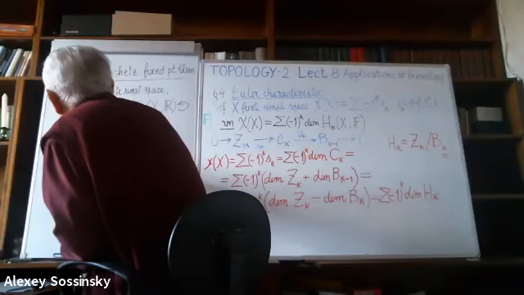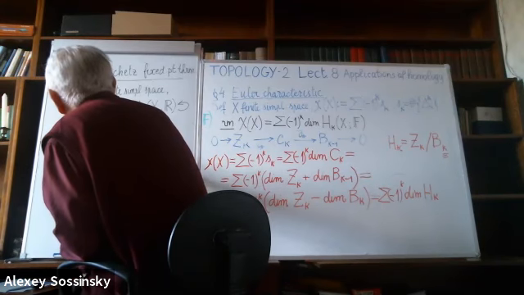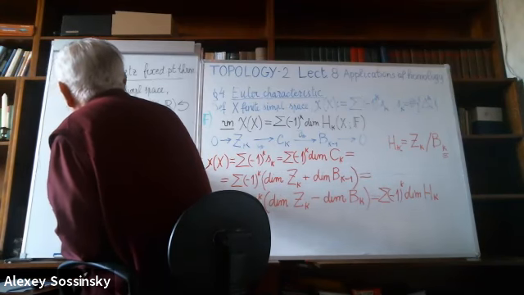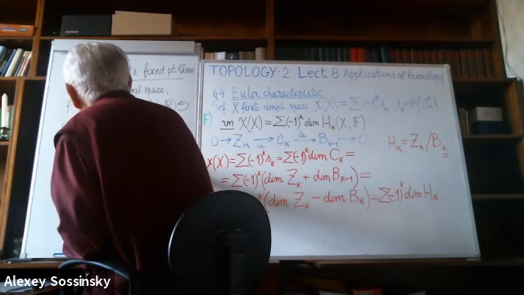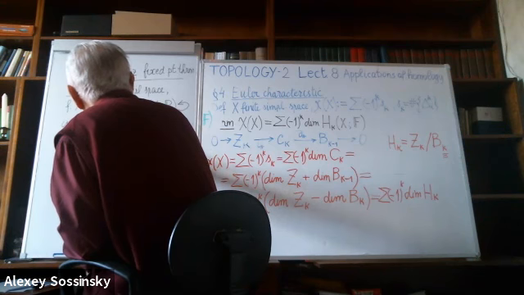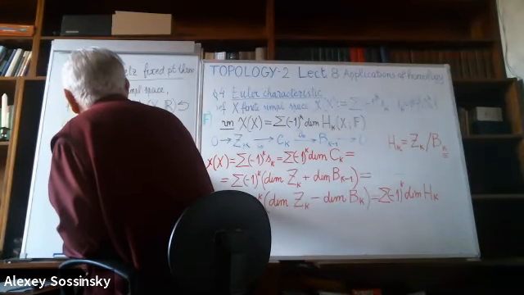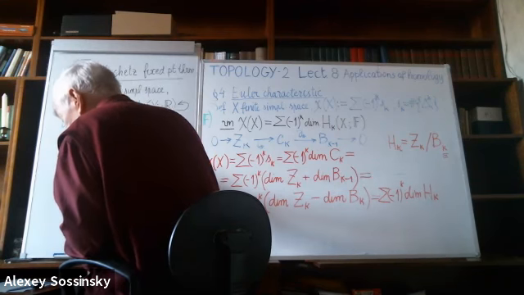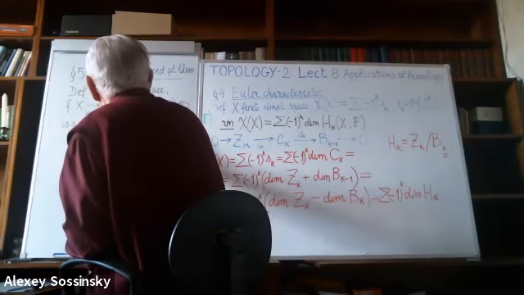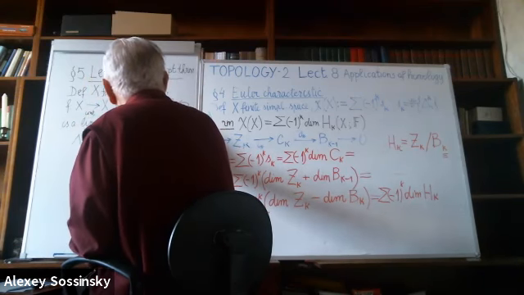And we define lambda of f as the alternating sum of traces of our linear operator.